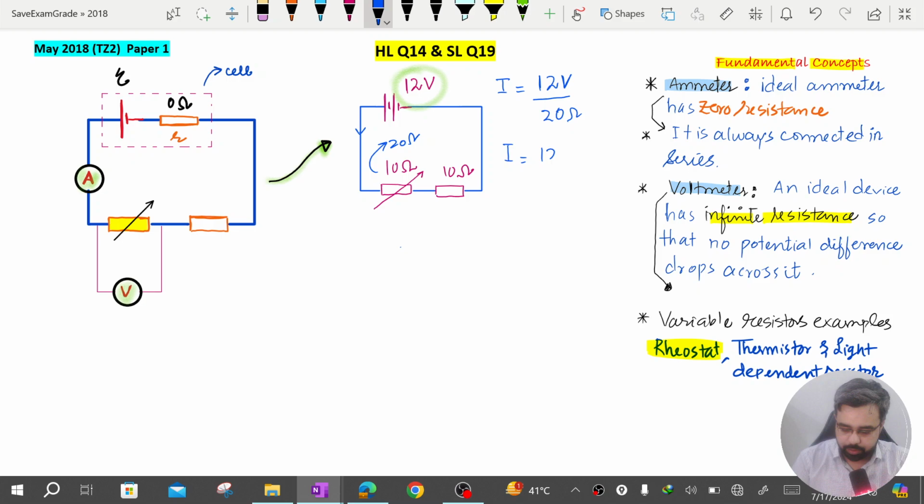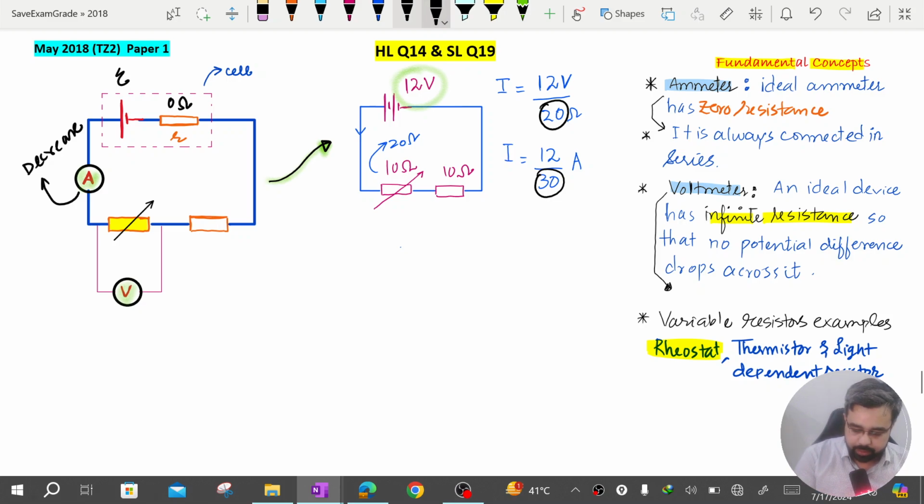So then it should be 12 over, now it is 20 plus 10, that is 30 ampere. So this is the current. You see that the denominator has increased from 20 to now 30, which results in the value of the ammeter decreasing. Okay, now let's talk about the reading of the voltmeter.